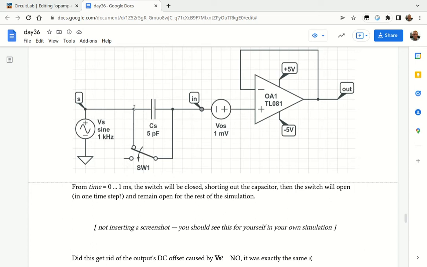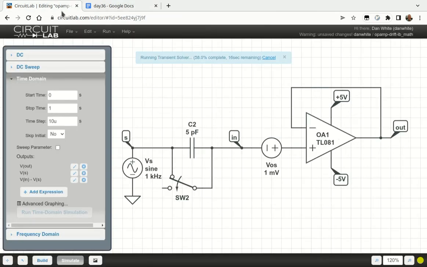So there's still 0 volts between S and in. And that means S equals in, add a millivolt to this, and there's our output. That's why we don't shift by 1 volt. We would need an initial condition of 1 volt across this capacitor, 1 volt, the right side lower than the left side.